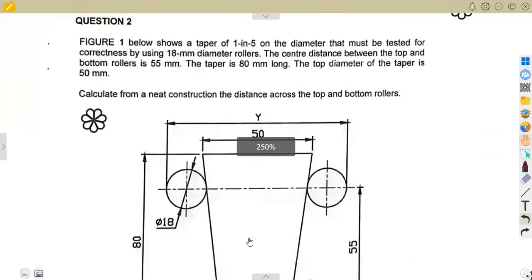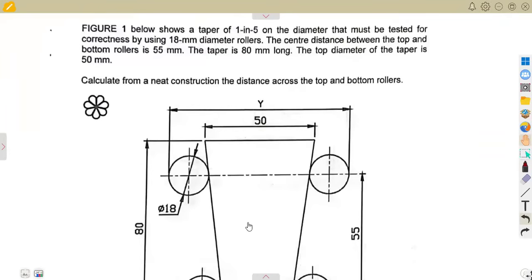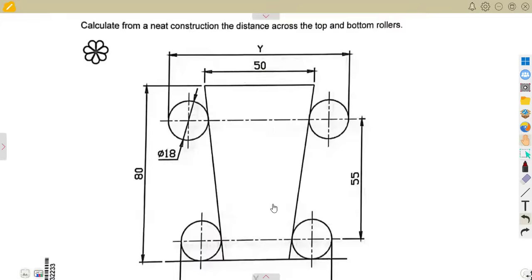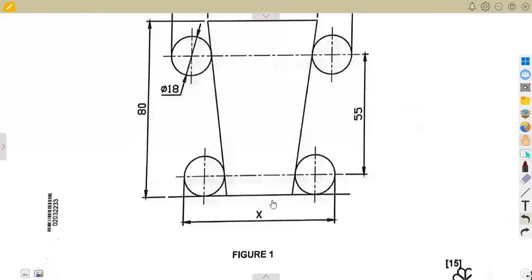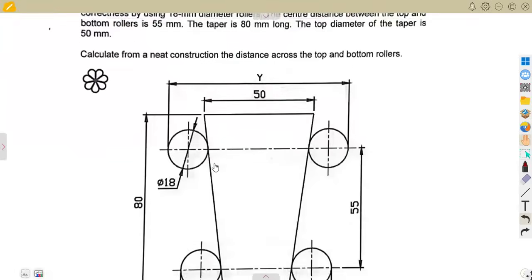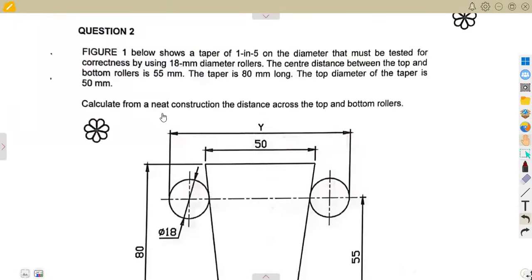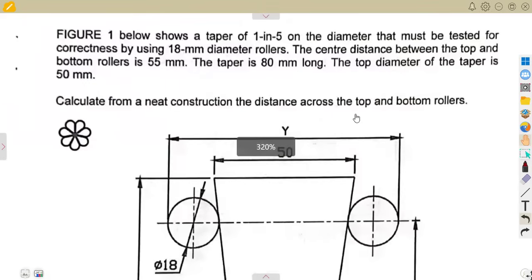I think from the introduction of our precision measurement, we had a similar diagram like this. So I hope now you understand whenever you're given this. This was 15 marks, to calculate from a neat construction the distance across the top and the bottom rollers.